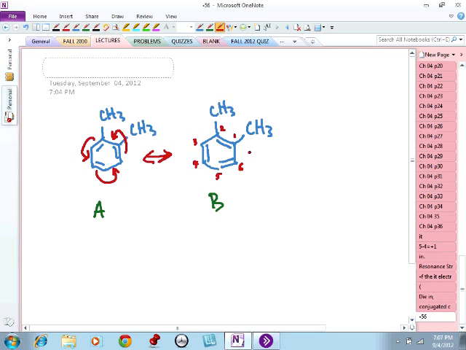Let us move the pi electrons now instead of moving all of them. Move the pi electrons between carbon 1 and 2 to carbon 2.